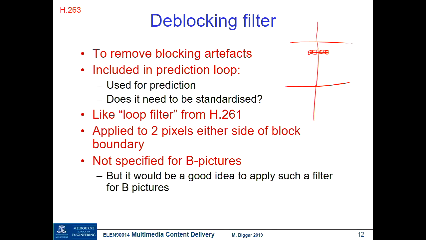But generally it would be a good idea to include this smoothing just to make the final picture look a little bit better. It's not essential that it be included from the point of view of compatibility and generating consistent prediction from encoder to decoder.